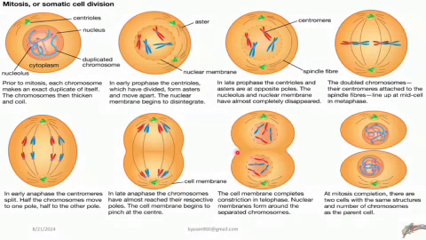The cell is going to develop a cleavage furrow along the cell membrane. That cleavage furrow is going to extend deep so that the cell can split into two to form two independent daughter cells.